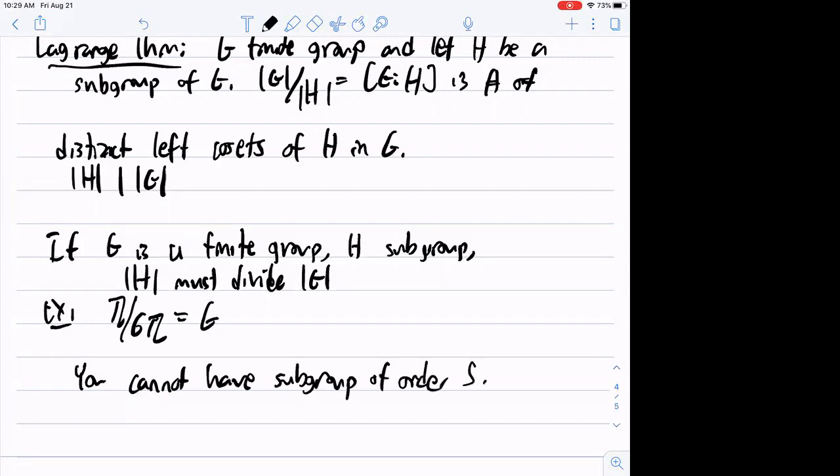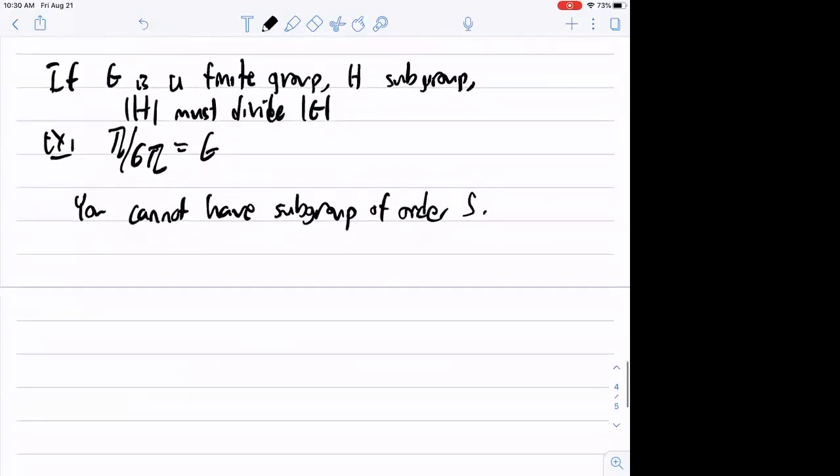There cannot be a subgroup of size 5 by Lagrange, because 5 does not divide 6. So you could only have subgroups of size 1, 2, 3, and 6, which is the whole group. And it's pretty strong, right?